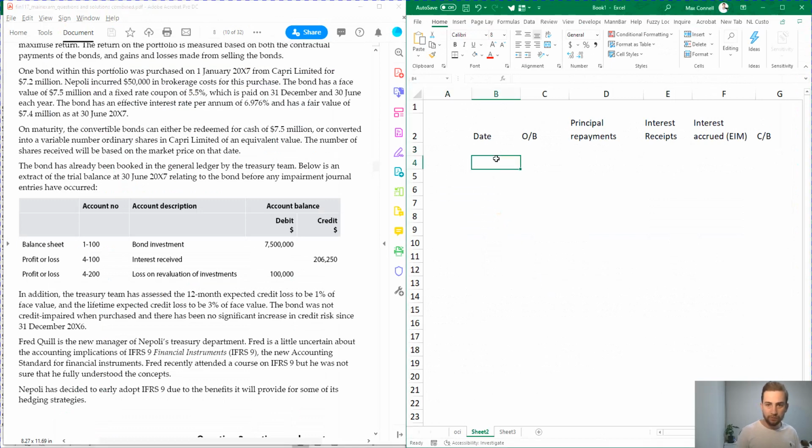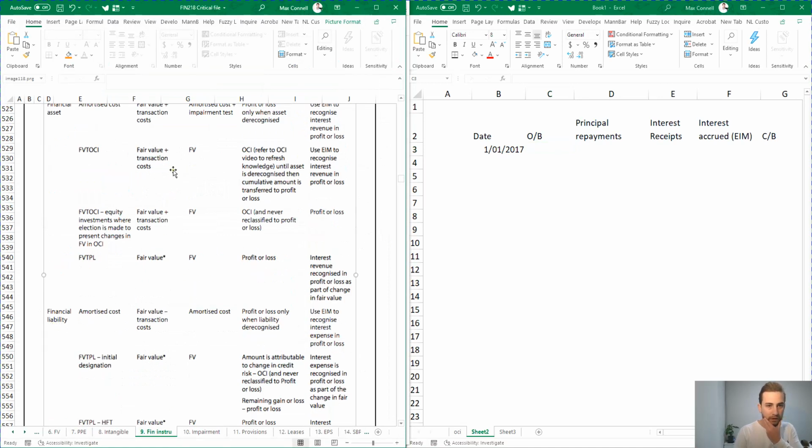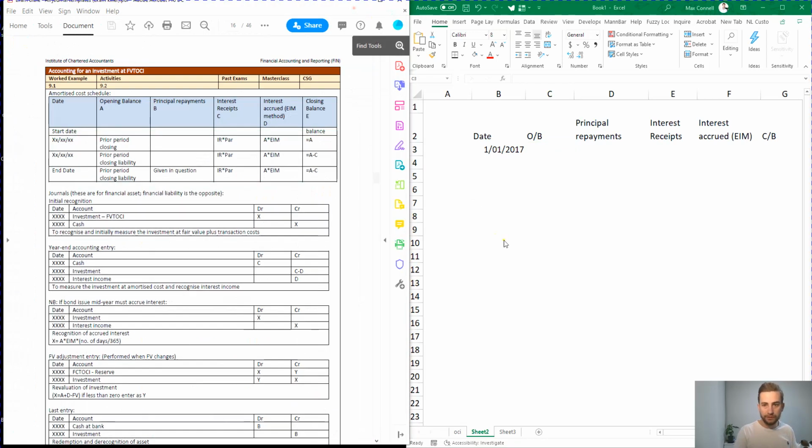Okay, so if we start off with what should have been posted. So we know we bought the bond on 1st of January 2017. So let's just type that in. Now, the opening balance, we need to refer back to the table and actually figure out how we're actually accounting for it. So according to the critical file, under fair value through other comprehensive income, it should be initially recognized at fair value plus transaction costs. So what was the fair value?